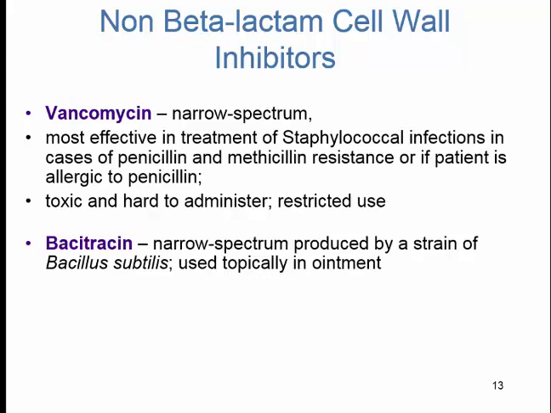And so the mechanism of action is the same. It's still inhibiting the cell wall, but the way that it inhibits the cell wall is slightly different. Vancomycin is very narrow spectrum because it's only going to bind to certain amino acids. So staphylococcal infections that have become resistant to penicillin and methicillin are now treated with vancomycin.